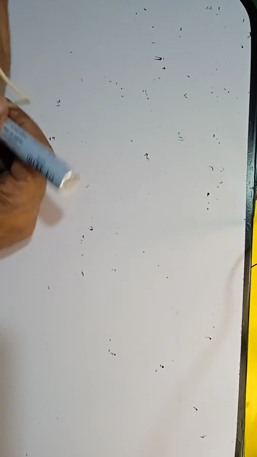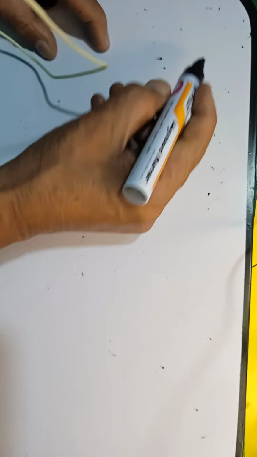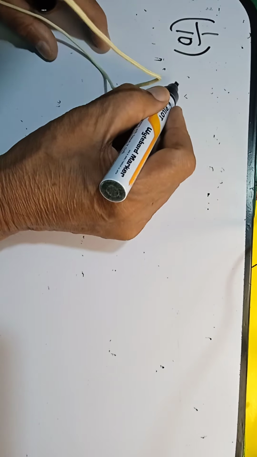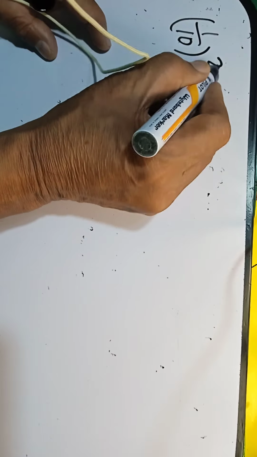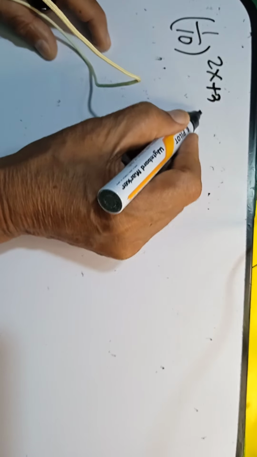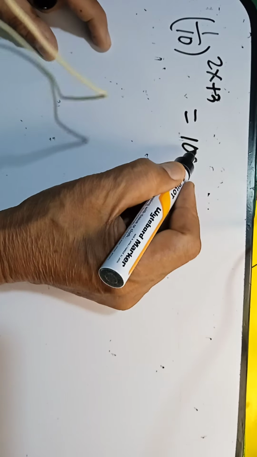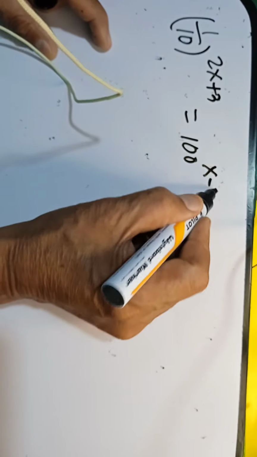Okay, the next is 1 over 10 raised to 2x plus 3 is equal to 100 raised to x minus 2.